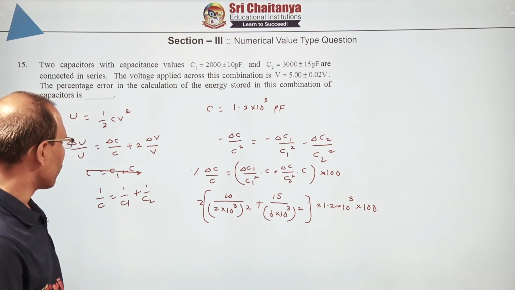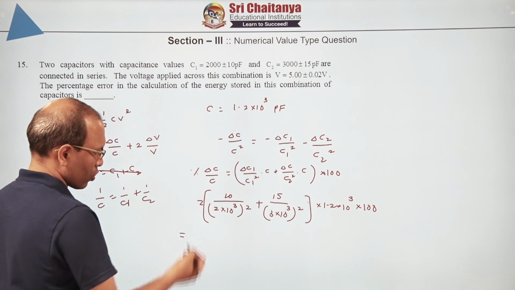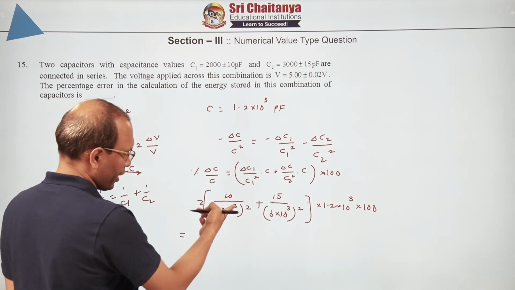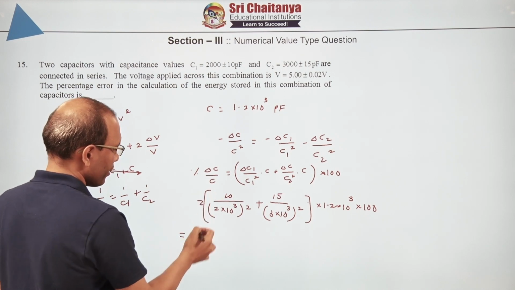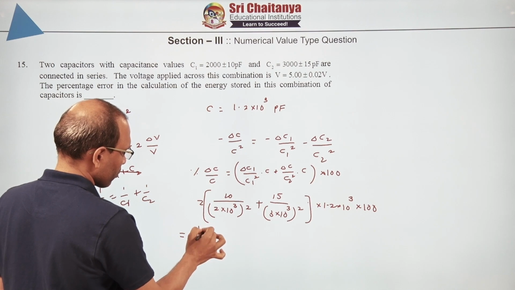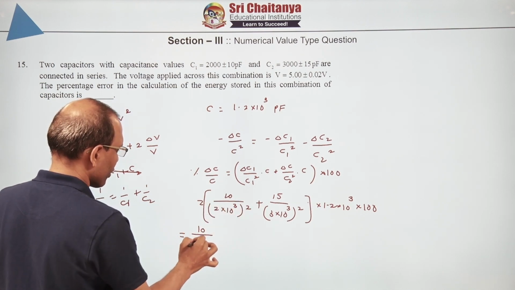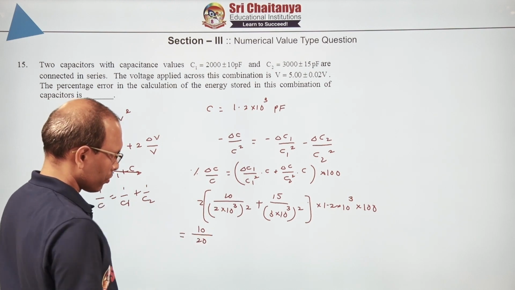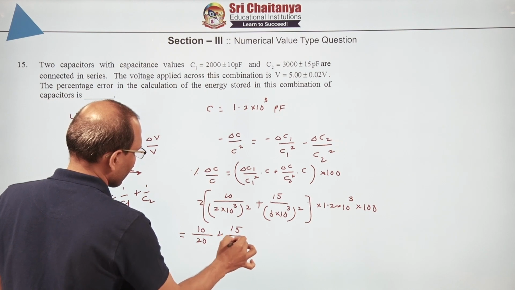Okay. Now let us simplify this quickly. So what do we get here? 10 power 3 can be removed with this. So this is 10 by that, 100 also I will take it inside, it will become 20, and here it is 15 by 30.